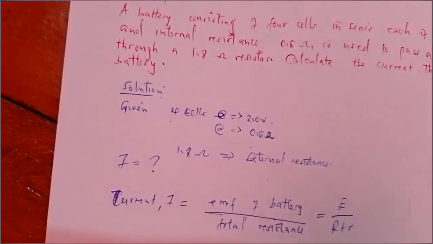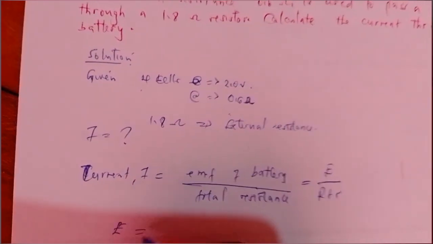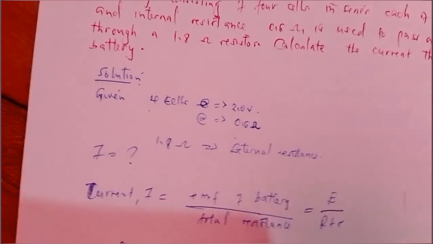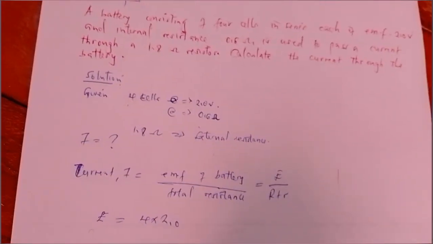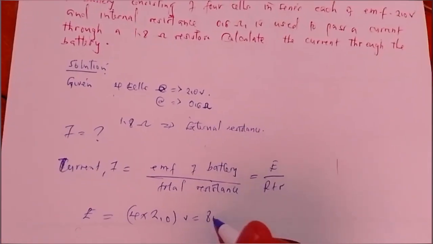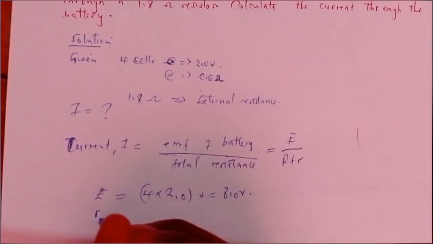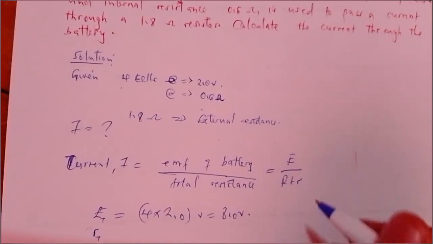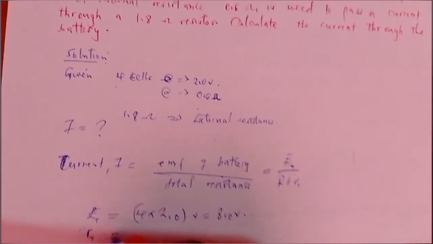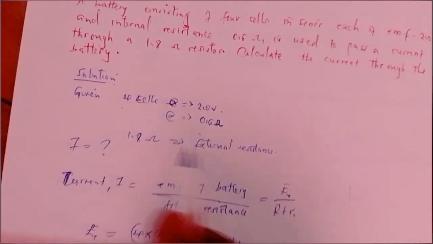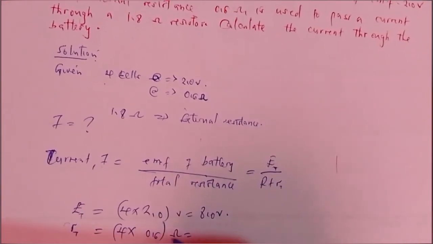So the EMF for this one now will be 4 times 2.0 volts. We get 8.0 volts. And now r, the total internal resistance, will be 4 cells times each 0.6 ohms. We get 2.4 ohms.